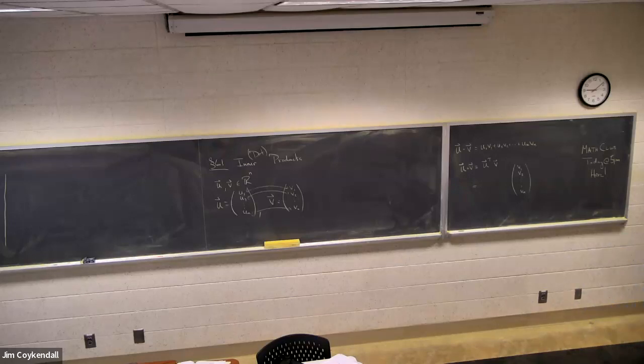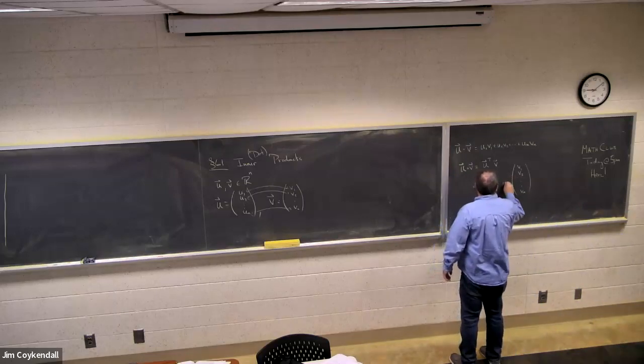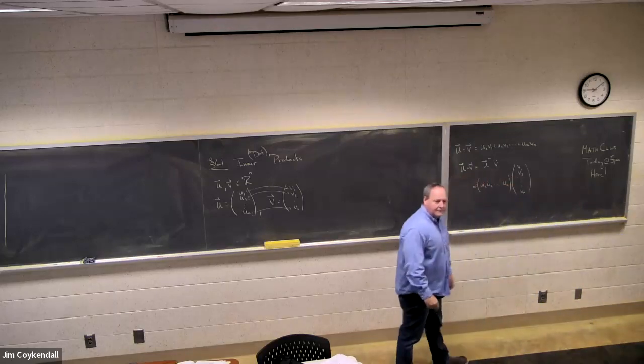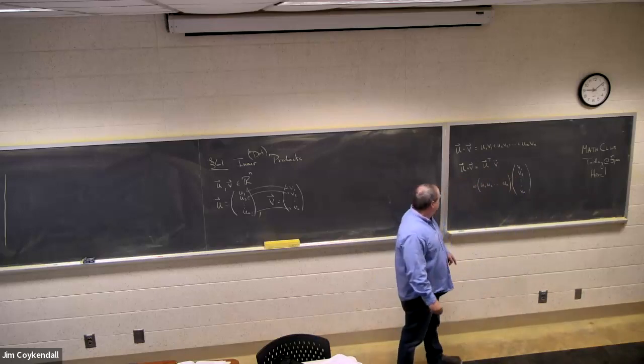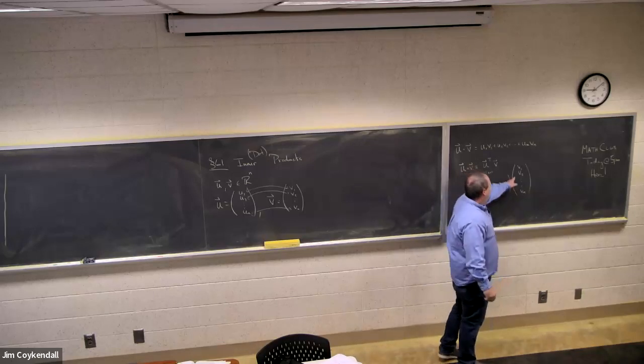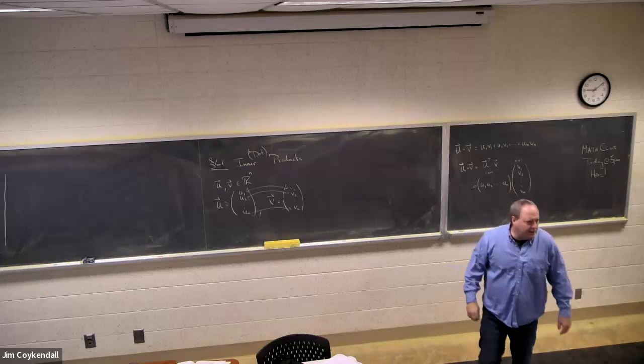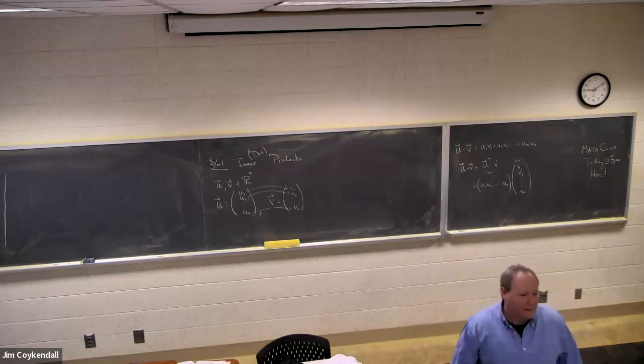That's all that is: u1, u2, up to un, right? Now, this is a 1 by n matrix, and this is an n by 1 matrix. So if I multiply this correctly, what should my outcome be?